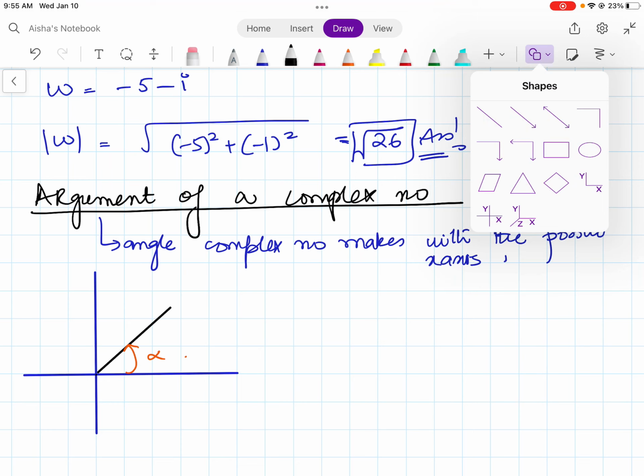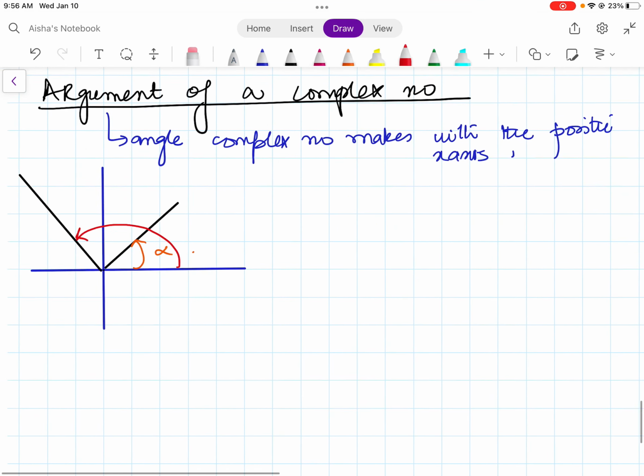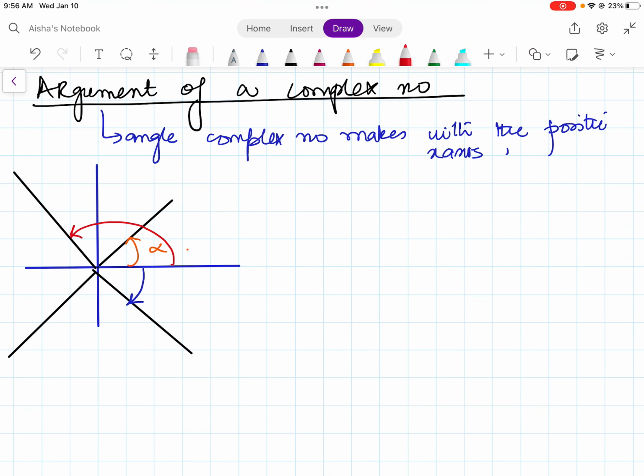If the complex number is in the second quadrant, this will be your argument. If it is on the negative side, this will be your argument. And if it is in the fourth quadrant, on the other side, this will be your argument.